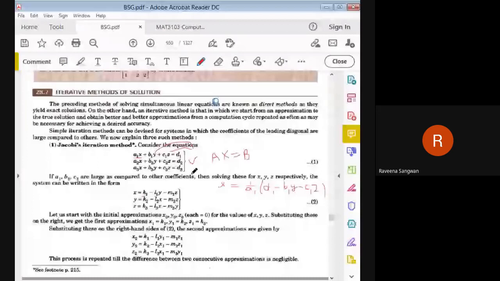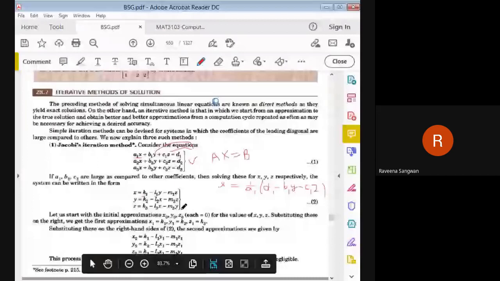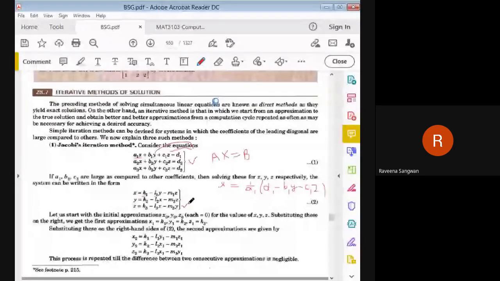Similarly from the second equation, keep y on the left hand side, remaining everything on the right hand side. Similarly from the third equation we can find z in terms of x and y. Keeping in mind, by doing these things, a1, b2, c3 are large as compared to the other coefficients in that column.